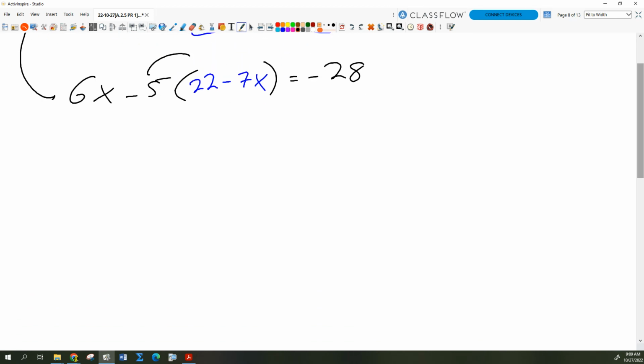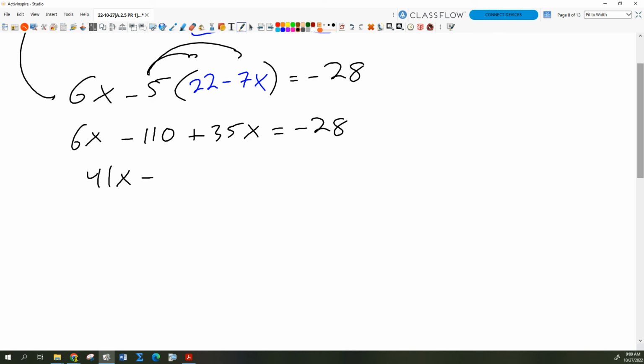So if I distribute the negative 5, I get 6x minus 110 plus what? Negative 5 times negative 7 is going to give me plus 35x equals negative 28. Everybody good? I collect like terms. 6x plus 35x is how many x's? 41.